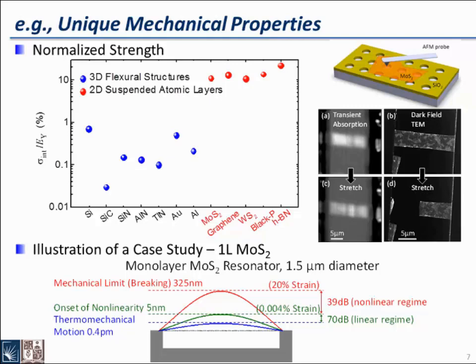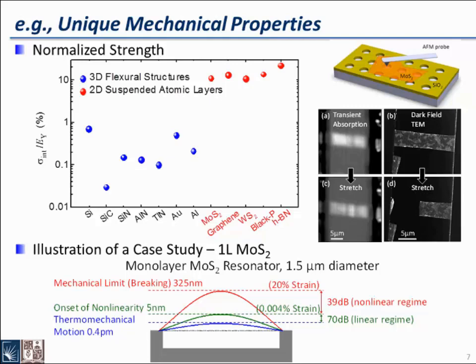It can show that from the Brownian motion, undriven motion of the structure, which is at picometer level, to the onset of nonlinearity where the vibration will bifurcate, which is at nanometer, and then all the way to the breaking of this crystal membrane up to 20 or 30% of strain, at hundreds of nanometers.